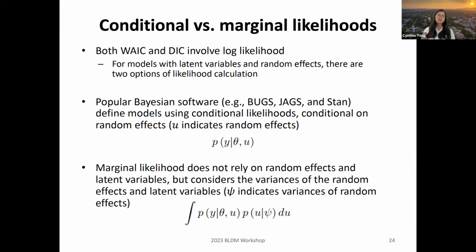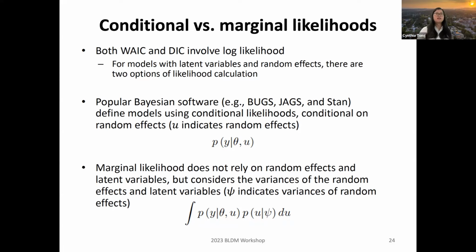They are only different when models have latent variables and random effects. Okay. Popular Bayesian software such as BUGS, JAGS, and Stan define models using conditional likelihood. Basically, we have this P of Y conditional on the model parameters and also the random effects U. So it's conditional on the random effects.